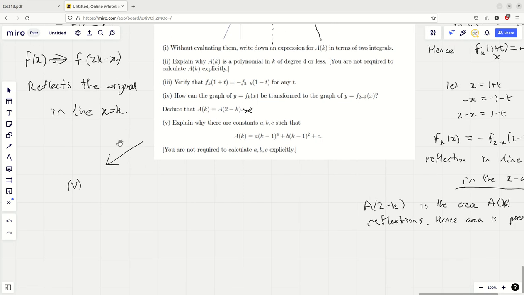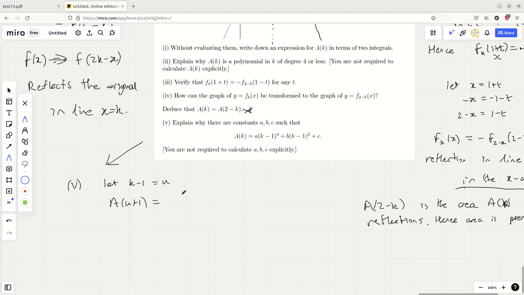I saw in the mark scheme what they'd done, and this is very similar, but after a shift, because it was only obvious to me after a shift, and I'll explain why in a second. What I thought was basically let k minus 1 equal u, and then I can see A of u plus 1.